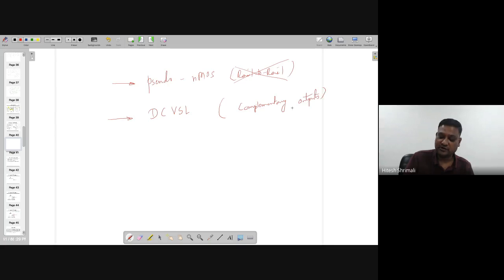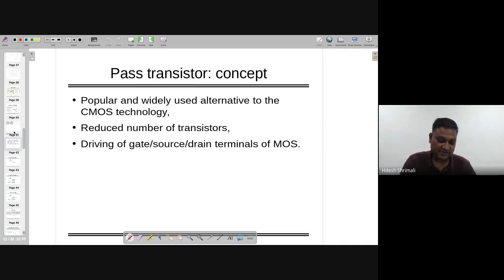So two outputs are available. If AND is available, NAND is also available. If F is available, F bar is also available. So the AND, NAND, or the function F and function F bar are all non-overlapping. So you don't need an extra NOT gate, even if you want non-overlapping outputs. So it reduces the transistors.